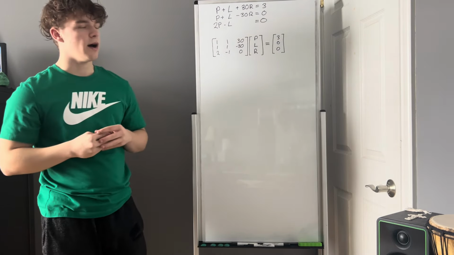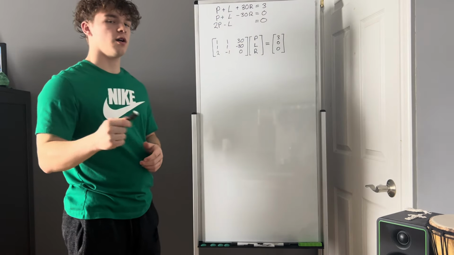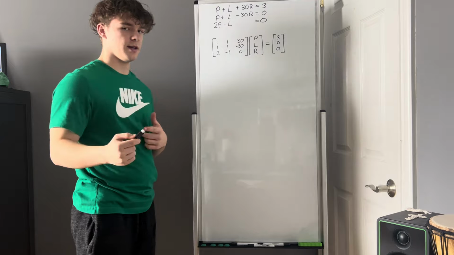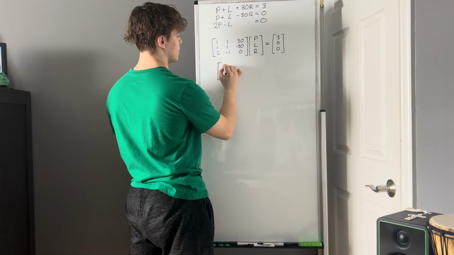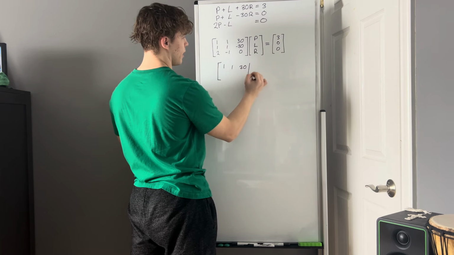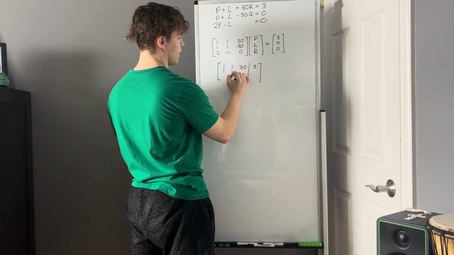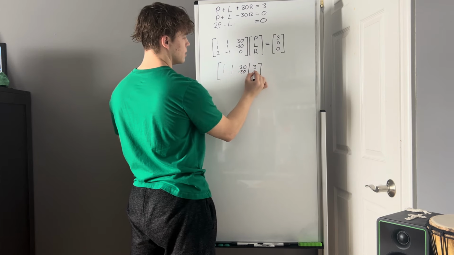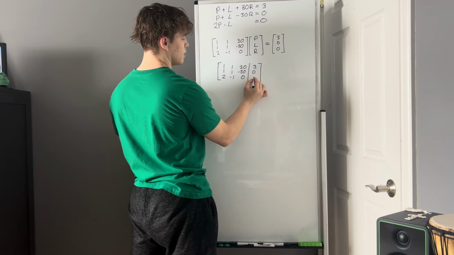So now, you may remember from the first video, we talked about augmented matrices. So we can actually represent this as 1, 1, 30, line, 3, 1, 1, negative 30, 0, 2, negative 1, 0, 0.